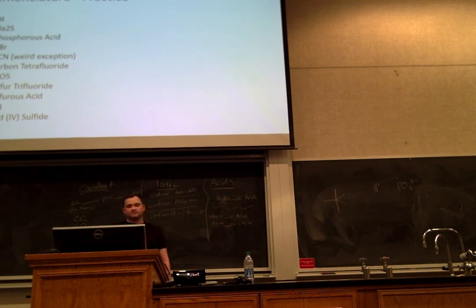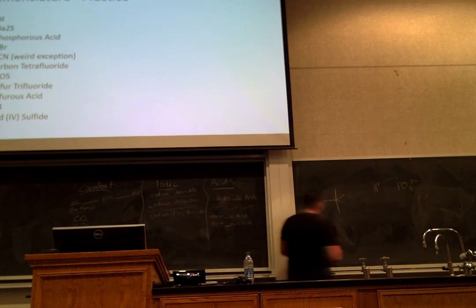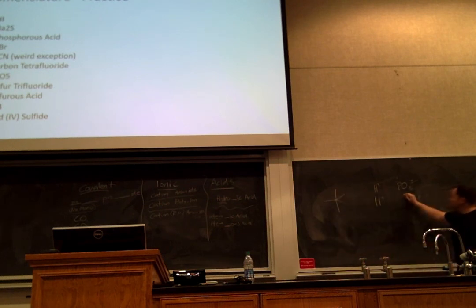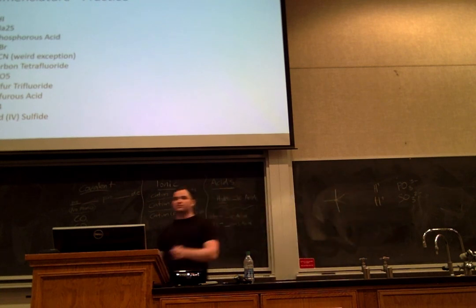Sulfurous acid. Hold up. It's SO3 2 minus, so this is my hydrogen. Sulfurous stems from sulfite, which is SO3 2 minus. So it will be H2SO3.